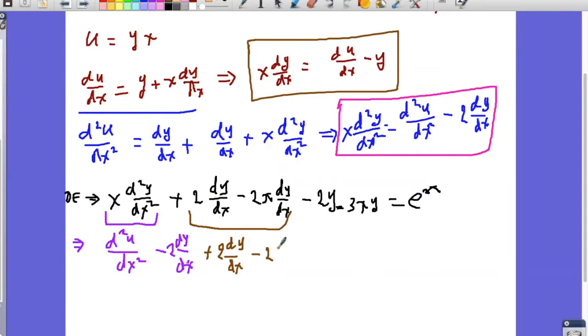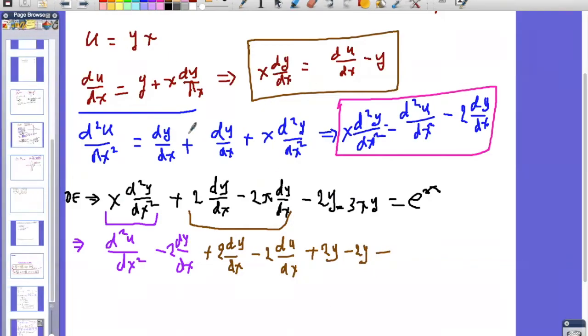So minus 2 du/dx plus 2y, minus 2y, minus this term xy. xy is u, so minus 3u equals e raised to the power 2x.